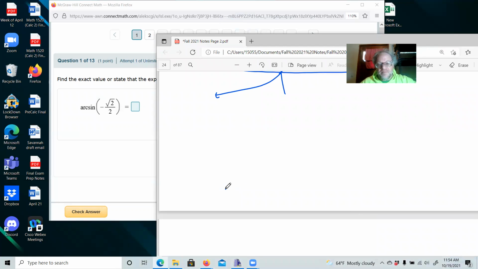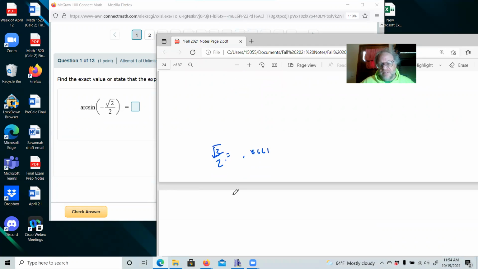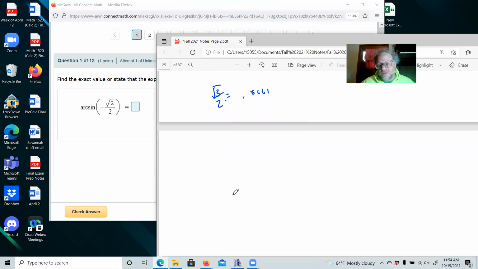Not saying I ever memorized that square root of 3 over 2 looks something like 0.8661, but it did pop up once in a while. So if you are inclined to memorize numbers like this, you can do that. But what would be better is if you knew the unit circle well enough to not worry about it.